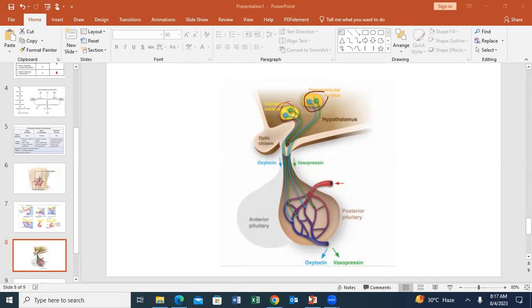So these hormones are produced in the hypothalamus and then they are transported along this axon with the help of carrier proteins called neurophysins. This is also important. There are carrier proteins called neurophysins which carry oxytocin and vasopressin from the hypothalamus to posterior pituitary. Another point to remember is that if there is destruction of posterior pituitary, there can be an intermittent shortage of oxytocin and vasopressin.